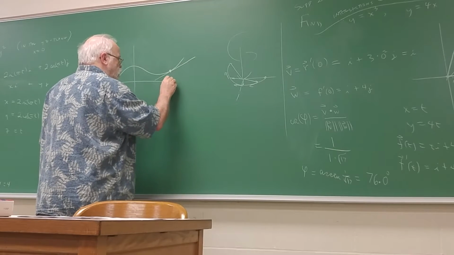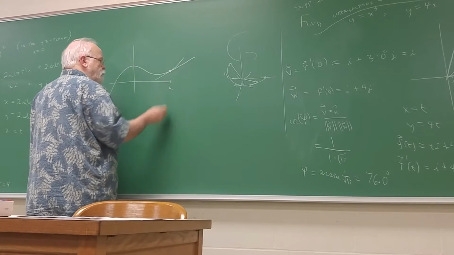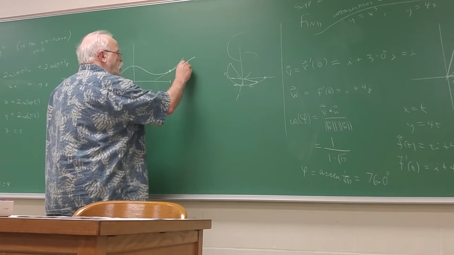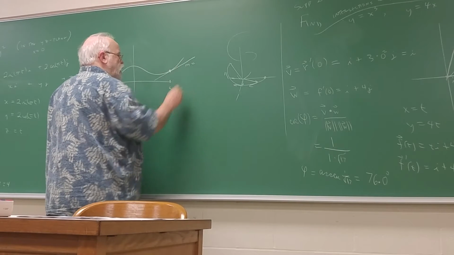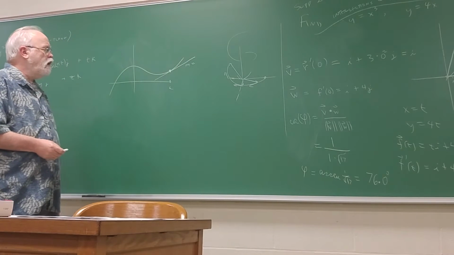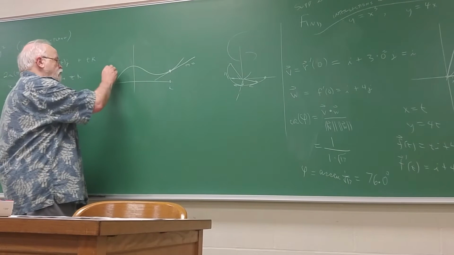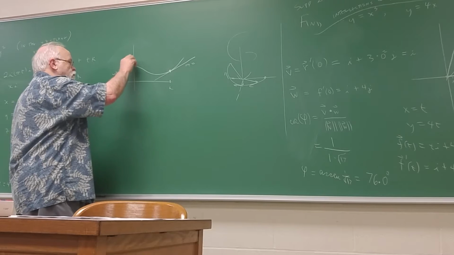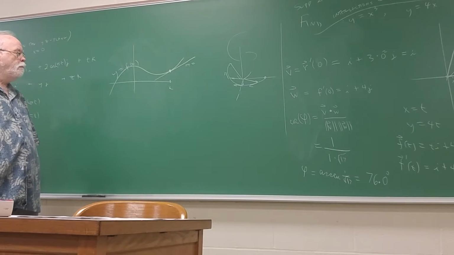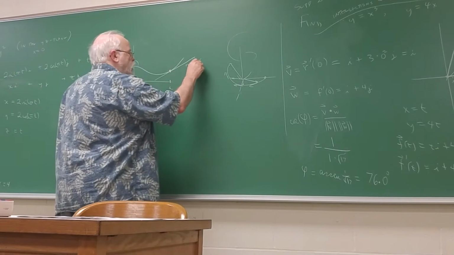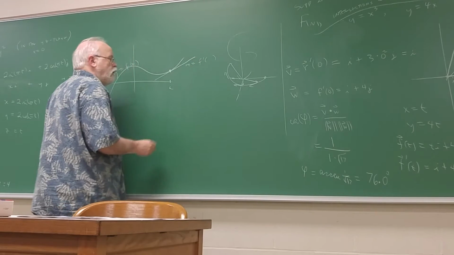Let's say this point here is A. So if I wanted the slope of this thing, what would that be in terms of calculus? And this is F. F prime of A.